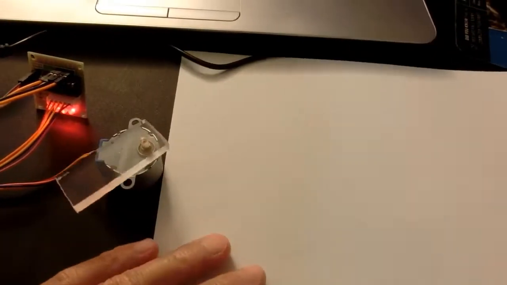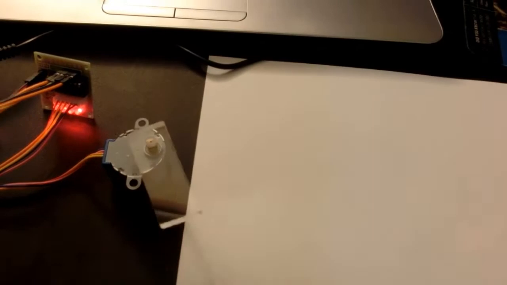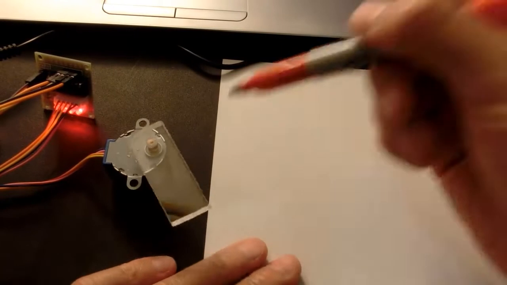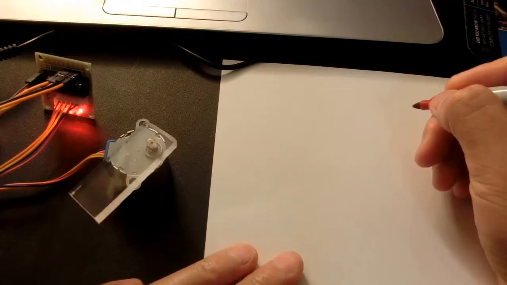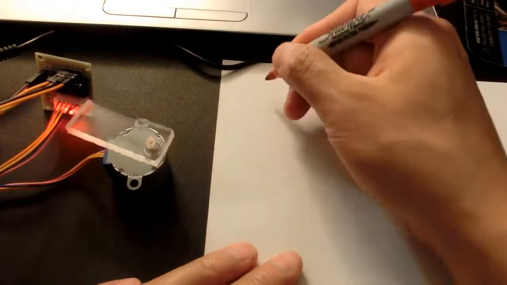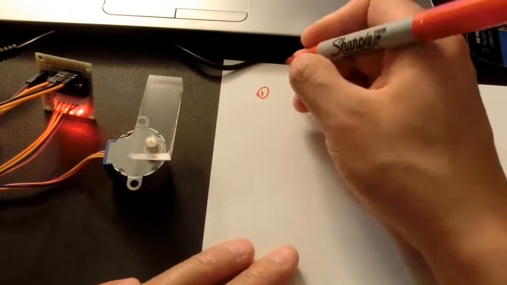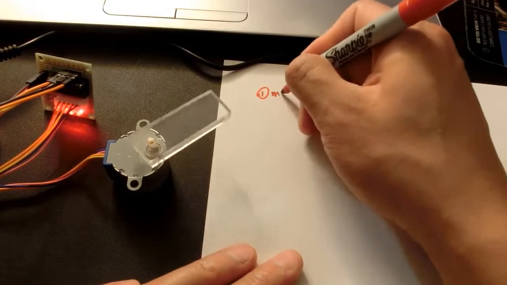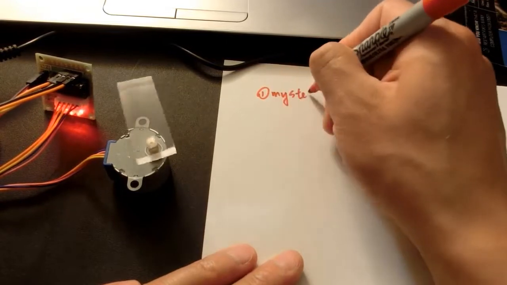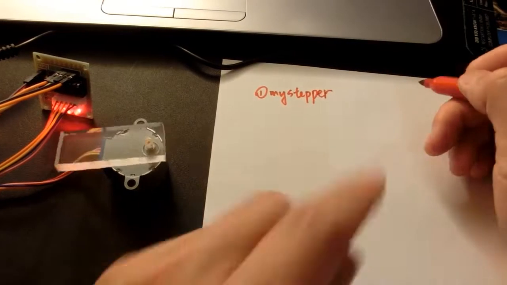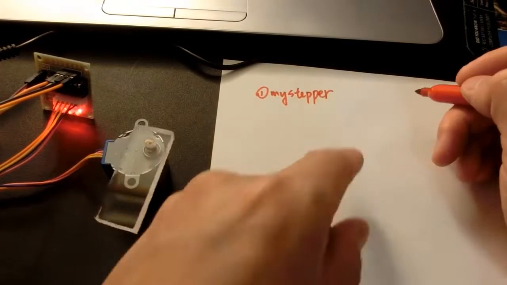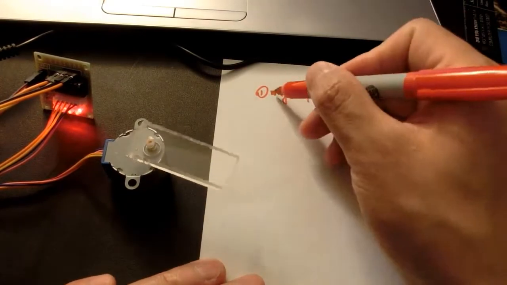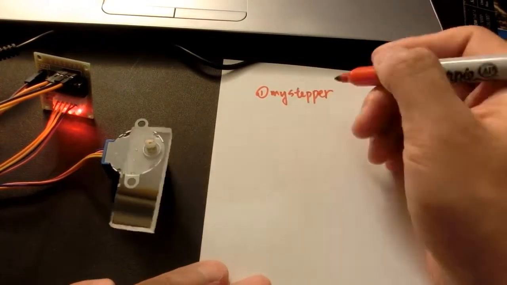And now I'm going to show you what they are and how to use them. Okay. So if we look at the paper, I'm going to write down the 3 main functions you can use to control this little step motor. The first one is myStepper. myStepper is an instance of the Stepper class, because you can see from the example code, this is instantiated from the Stepper function.